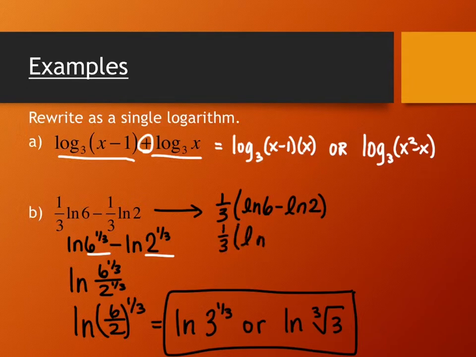We'd have the natural log. It would be 6 divided by 2 here. So we'd have, there's that 1/3 that you were talking about in front, Tyler. 1/3 natural log of 3. And then we would move the 1/3 in, so say the natural log of 3 to the 1/3, or cube root. Okay? So there's a couple of different ways you could process through that. And that's often the case on these, that the order matters, but there's more than one order that will work, depending on the values you're given.